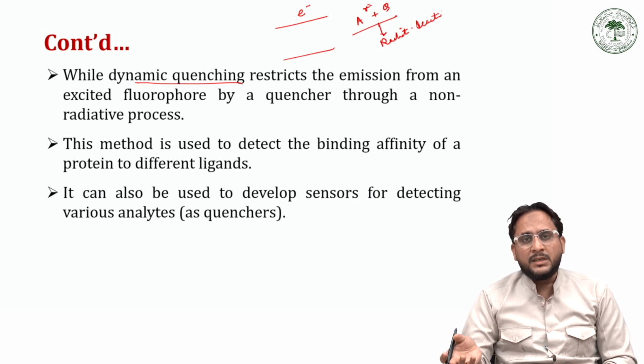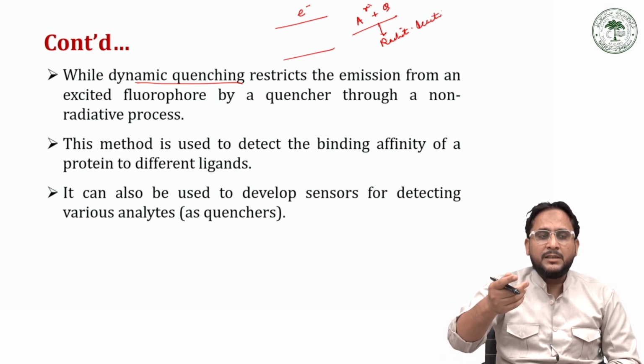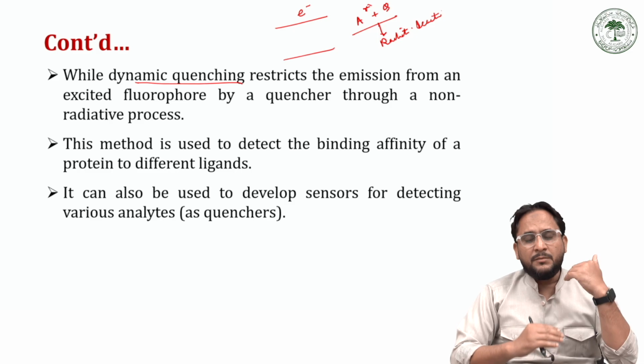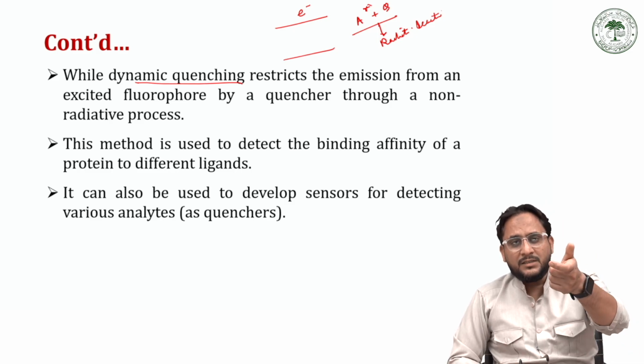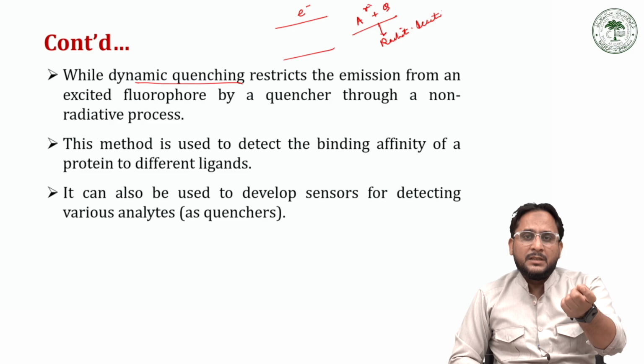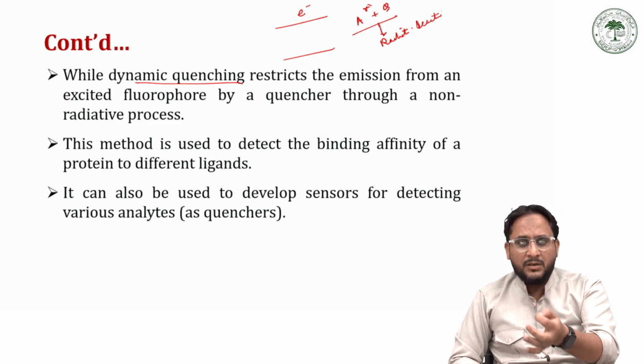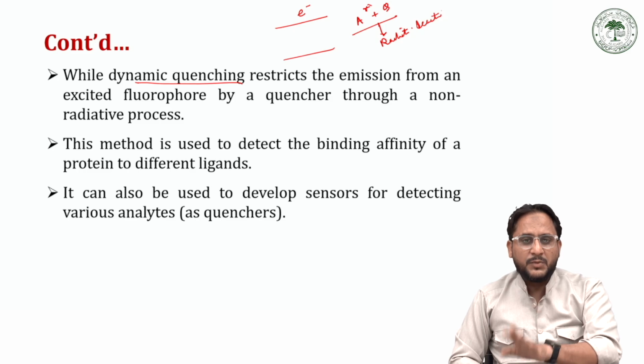While on the other side, dynamic quenching refers to the method in which the quencher reacts with the analyte in the excited state only, because at that particular time the analyte is already in the excited state, and when the quencher forms a complex, there will be no emission of light, there will be no radiative deactivation, but non-radiative deactivation occurs in this particular case.